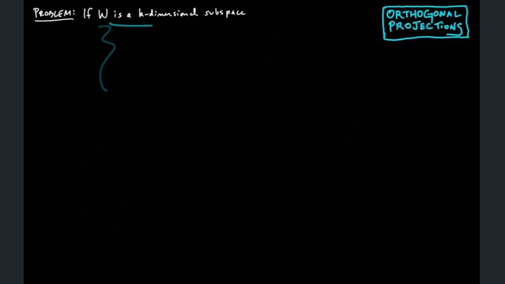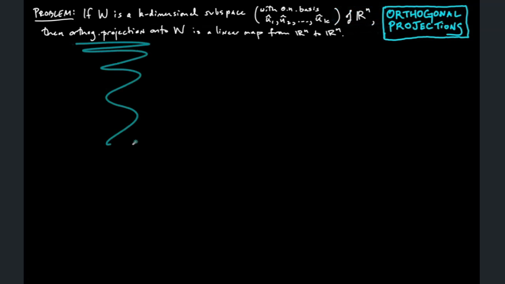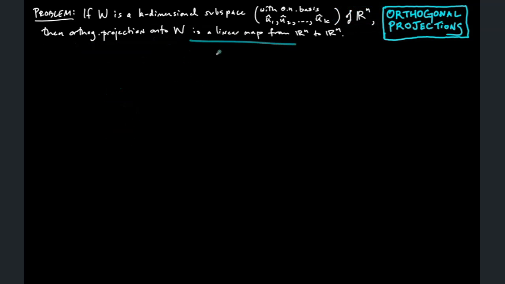So here is the problem. If W is a k-dimensional subspace with an orthonormal basis, that's what my ON stands for, with orthonormal basis U1, U2, all the way down to UK of Rn, so it's a k-dimensional subspace in an n-dimensional ambient space, then orthogonal projection onto W is a linear map from Rn to Rn.